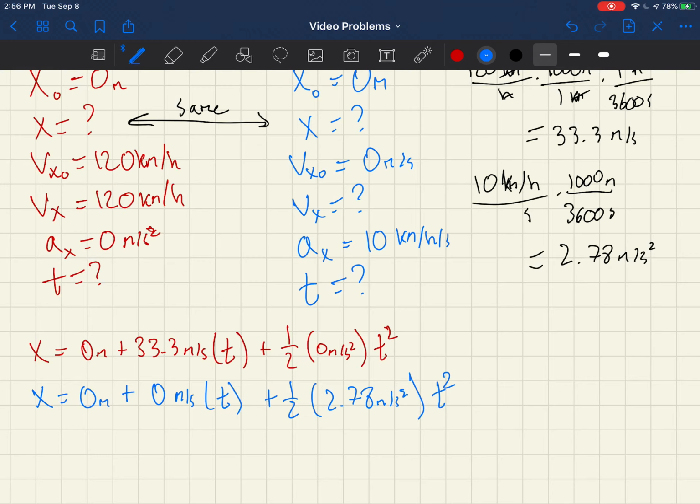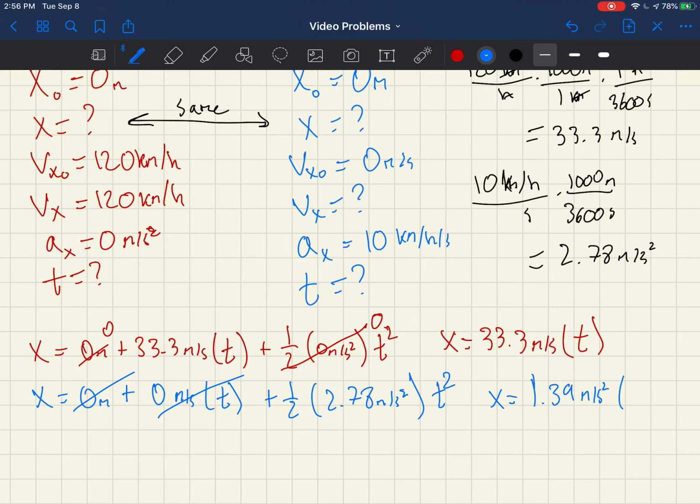All right, so first let's simplify these equations. That whole term goes to 0, so we have x is equal to 33.3 meters per second times t. Simplify the blue: that's 0, that's 0. So what we're left with is x is equal to 1/2 times 2.78, which is 1.39, so we have 1.39 meters per second squared times time squared.